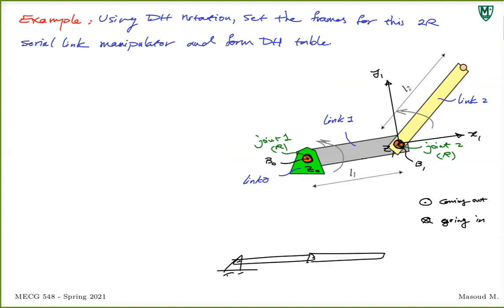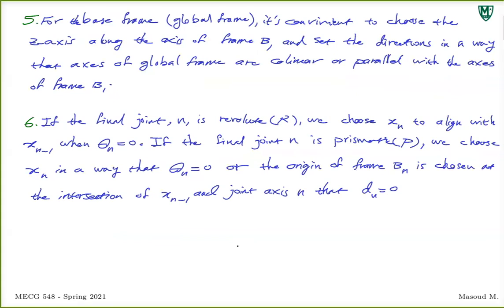They're all coplanar and parallel. This needs a little bit of keeping in mind what parameters you're trying to set to 0 in rest position. You want as many zeros as possible in your DH table when you are in rest position.